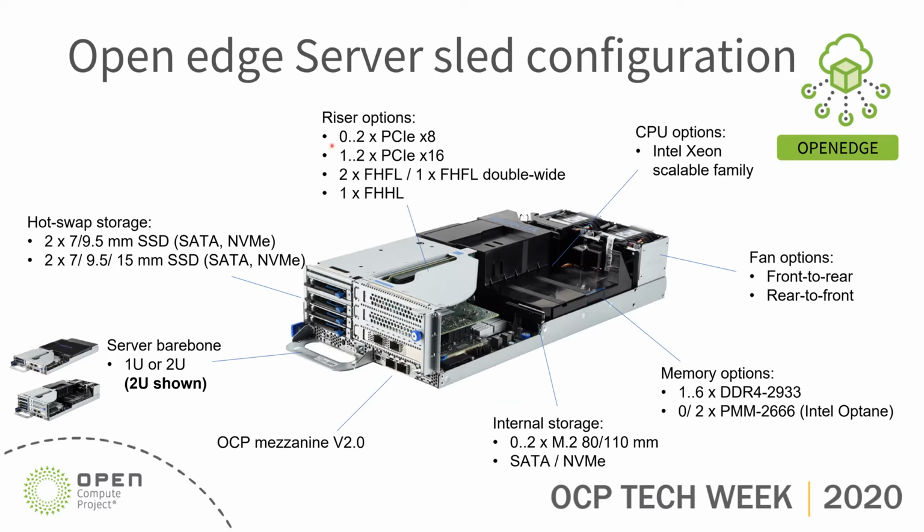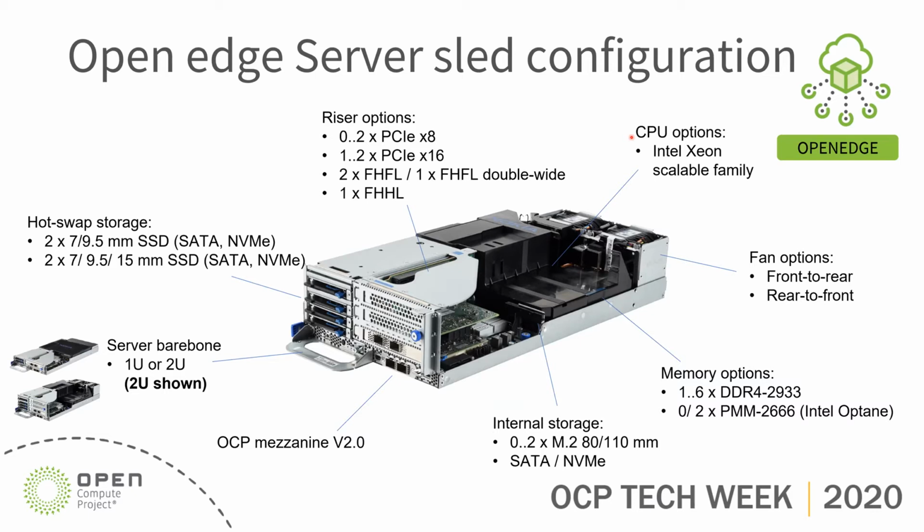So let's start with CPUs. We do support the entire range of Intel Xeon scalable family, from the low core count to up to the highest end of the family.